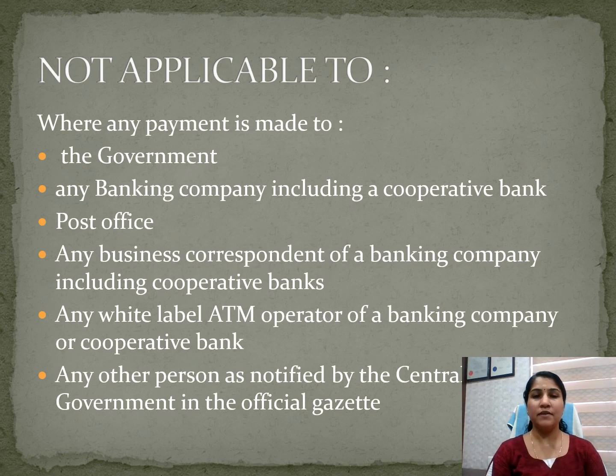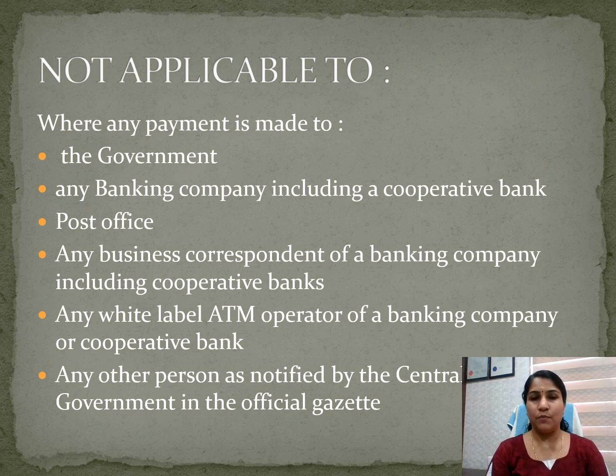So far, we discussed section 194N, its definition, the rate of TDS, applicability, etc. Now let's go to the non-applicability of section 194N. On what all will section 194N not apply? Let's see.